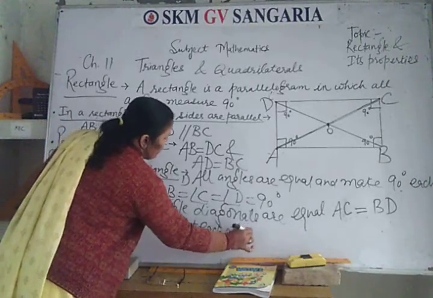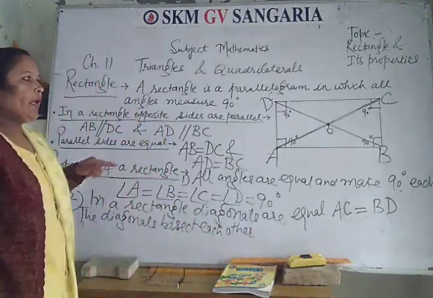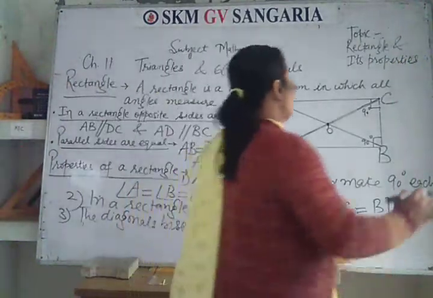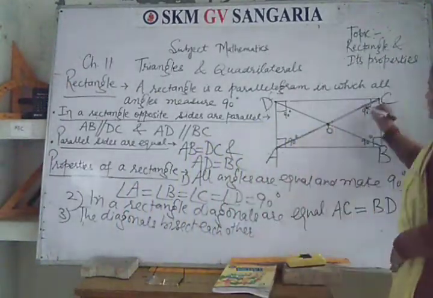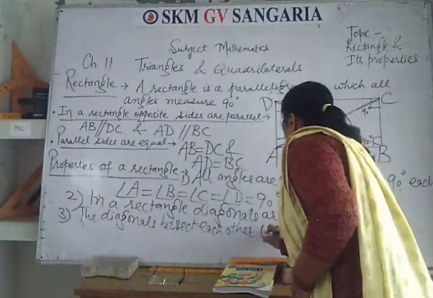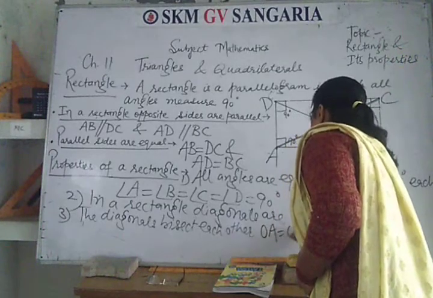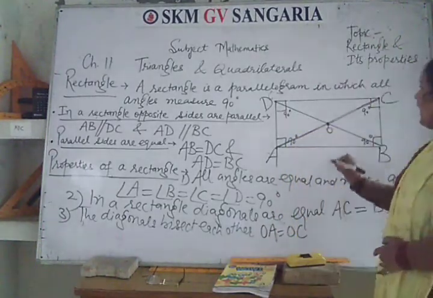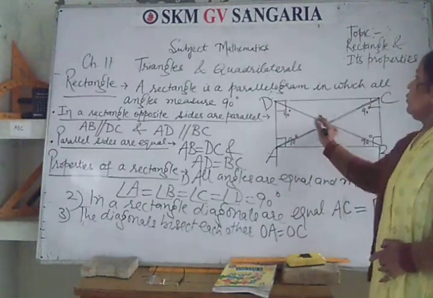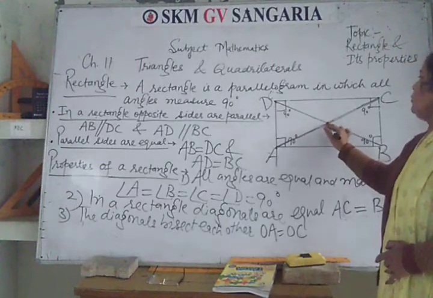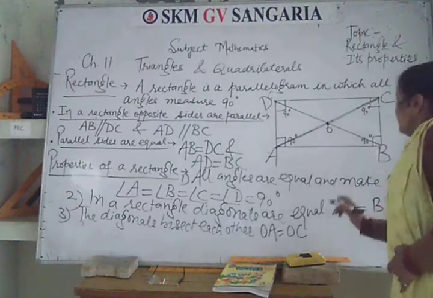Each other means OA is equal to OC, and DO is equal to OB.